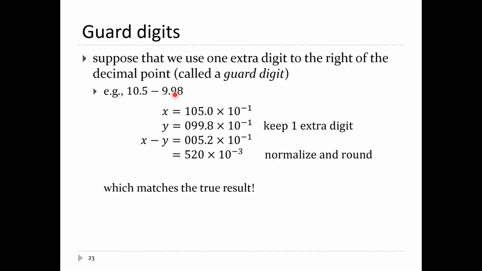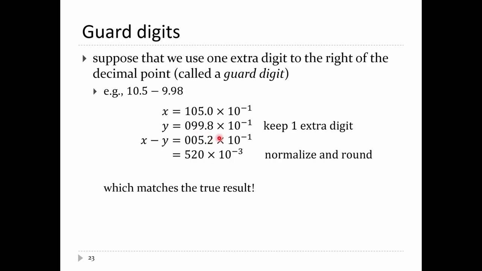So instead of throwing away the 8 in this case, we're going to let an extra digit exist temporarily to compute the result. So 105 becomes 105.0, 9.98 becomes 99.8. Now compute the intermediate result to get 5.2 times 10 to the minus 1.